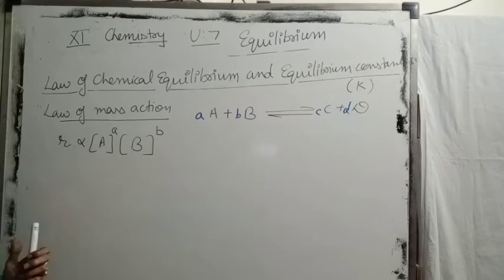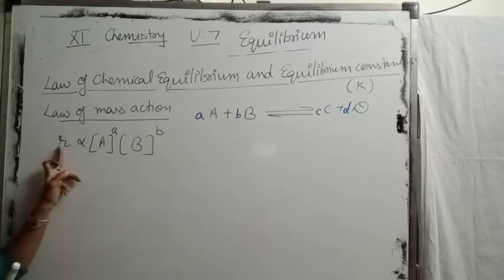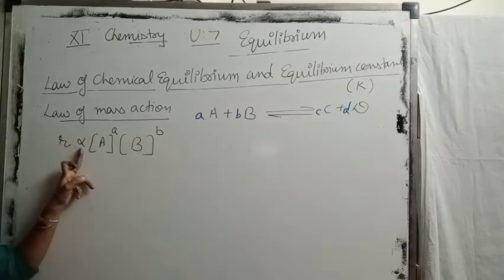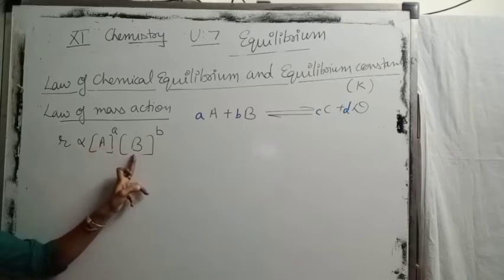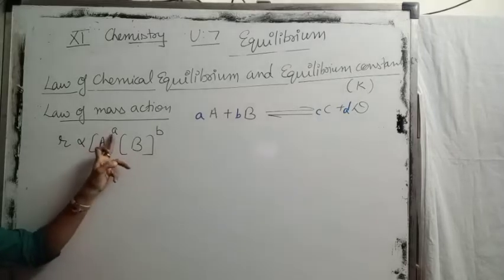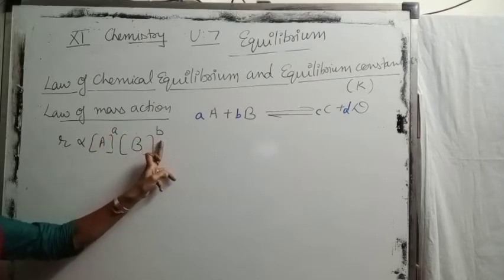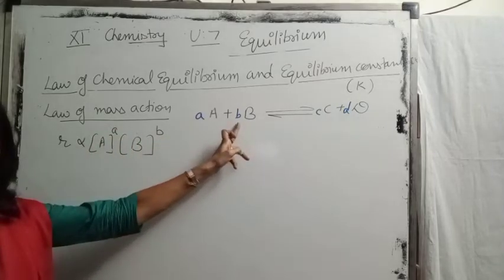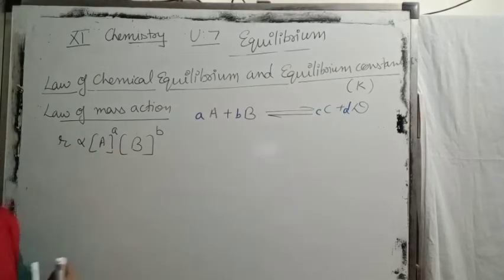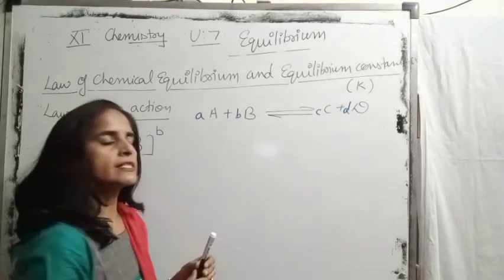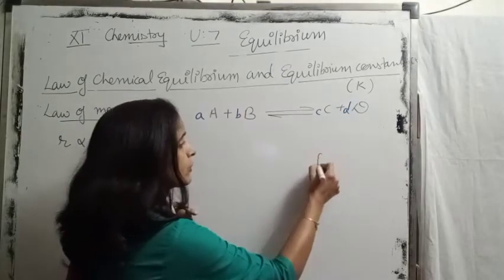Once again I am telling, rate of reaction is directly proportional to the product of molar concentration of reactants raised to their stoichiometric coefficients present in the balanced chemical equation. This is law of mass action. And molar concentration is always written in square brackets.